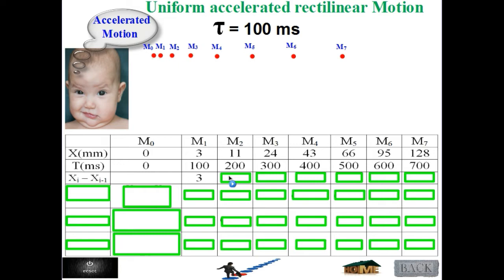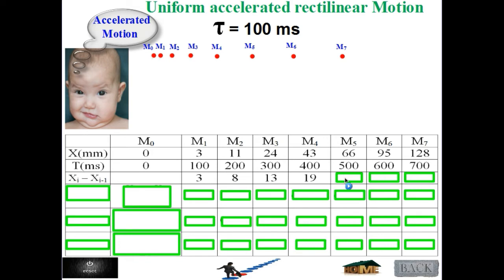Here 3 millimeter is the distance between M0 and M1. M2: x2 minus x1, the distance between M1 and M2, which is 11 minus 3, it's 8. M3: x3 minus x2, 24 minus 11, 13. At M4, x4 minus x3, the distance between M3 and M4 is 43 minus 24, it's 19, and so on.